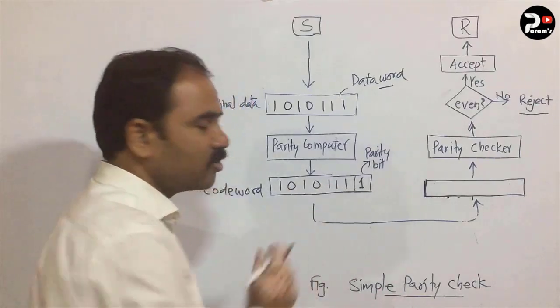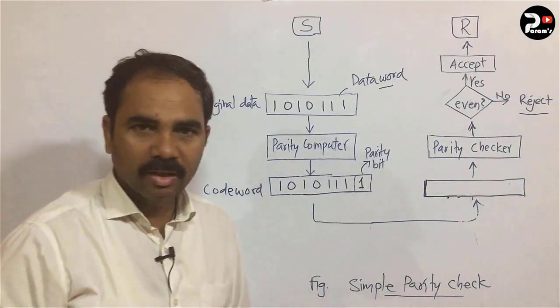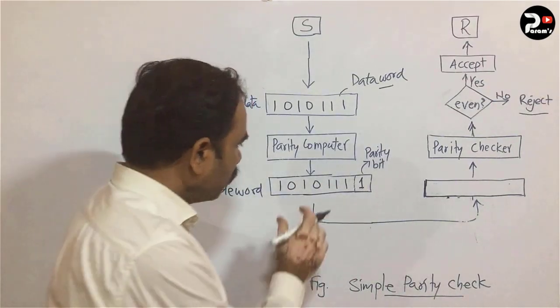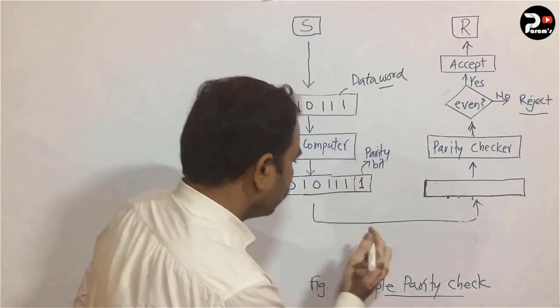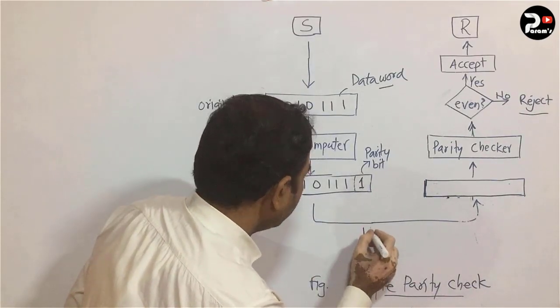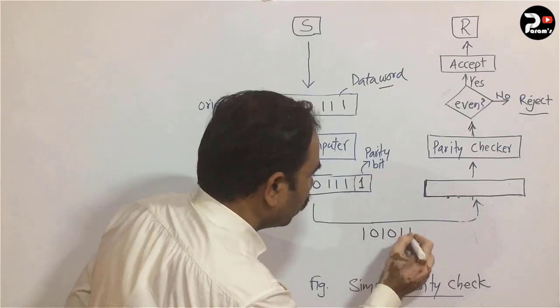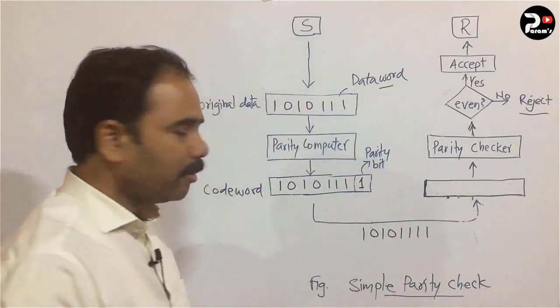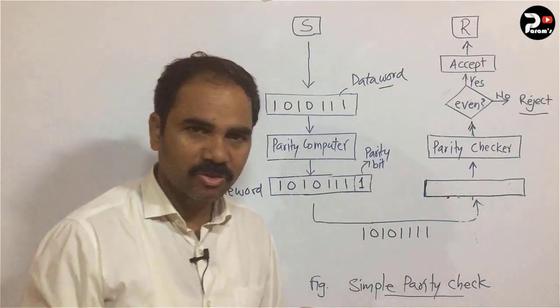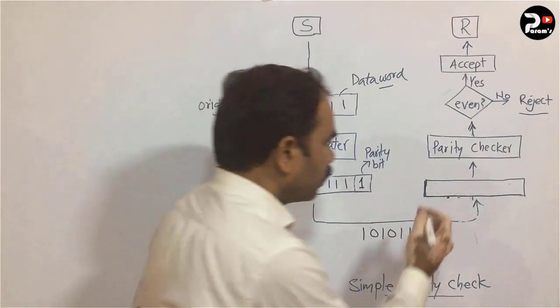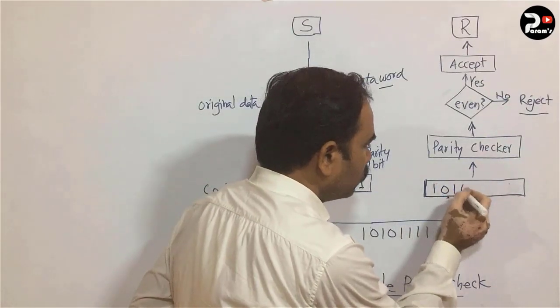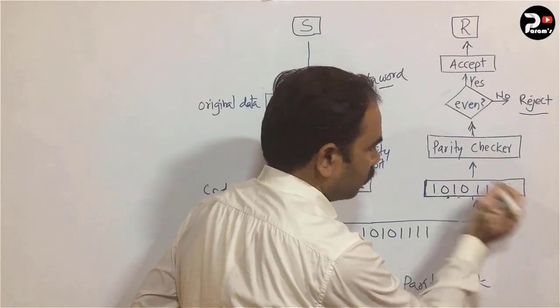And then this data is transmitted to the receiver. So what is transmitted? The data transmitted is 10101111. If there is no error in the data transmission, the receiver will receive 10101111.